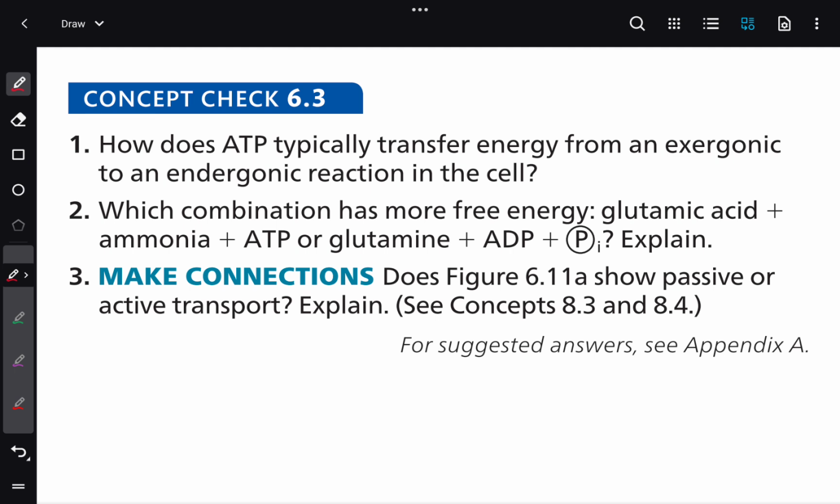Yeah, sure. Whatever, we studied that. Which combination has more free energy? Glutamic acid plus ammonia plus ATP, or glutamine plus ADP plus phosphate?